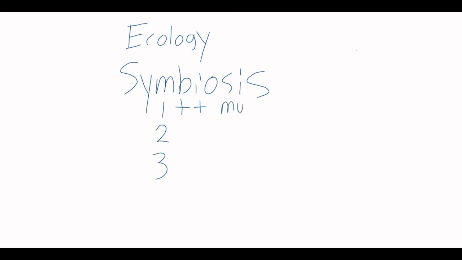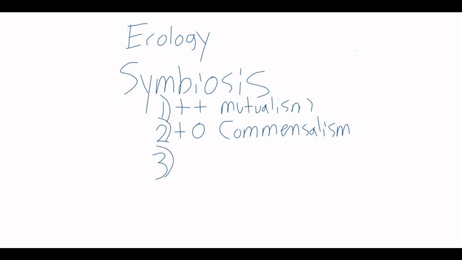We call that mutualism. Sometimes it's good for one person and has no effect on the other person. We call that commensalism. And then sometimes it is good for one organism and terrible for the other. We call that parasitism.